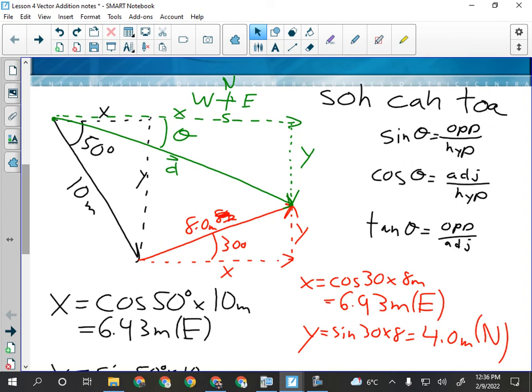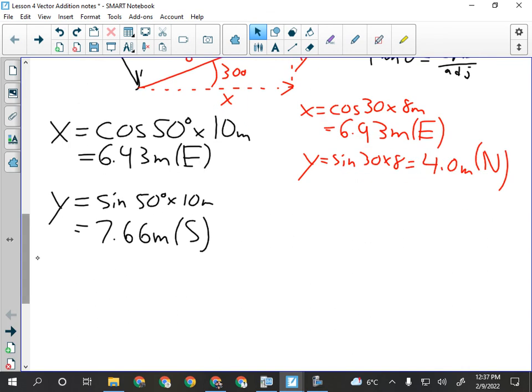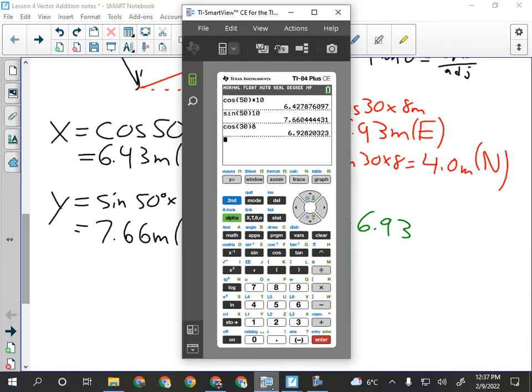That's what we always do to solve vectors, is we add the X components together, we add the Y components together, and we get the total east-west, the total north-south. In this case, both red X and black X are east, so I can simply add them together. So green X will be 6.43 meters plus 6.93 meters. Now, I'm not going to use the rounded values.